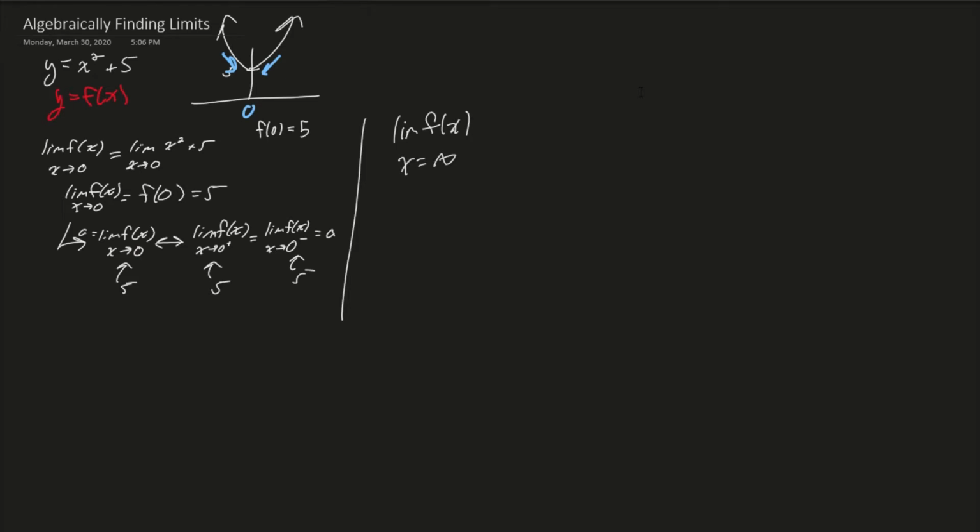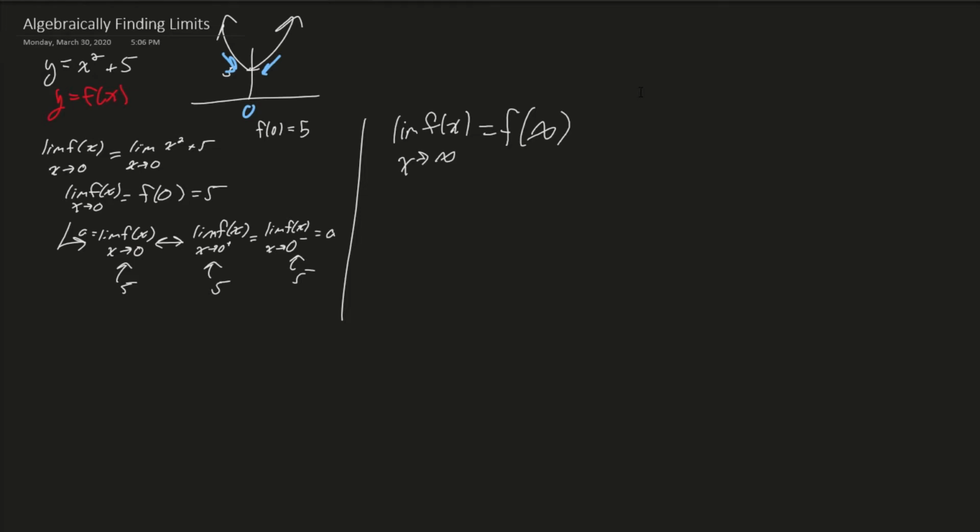We could plug in that value that the x is approaching. Like before we said limit of f of x as x approaches 0, f of 0. Now we can say that the limit of f of x as x approaches infinity. Oh, I should have drawn an arrow, my bad. I wouldn't write it like this necessarily, but we can think of it as f of infinity, just like we thought of f of 0.